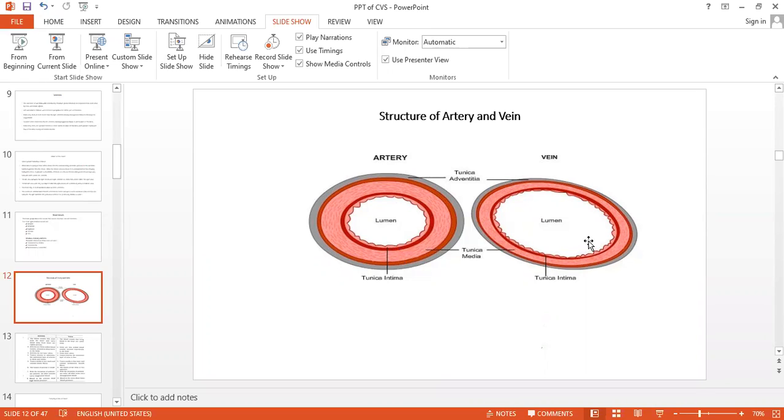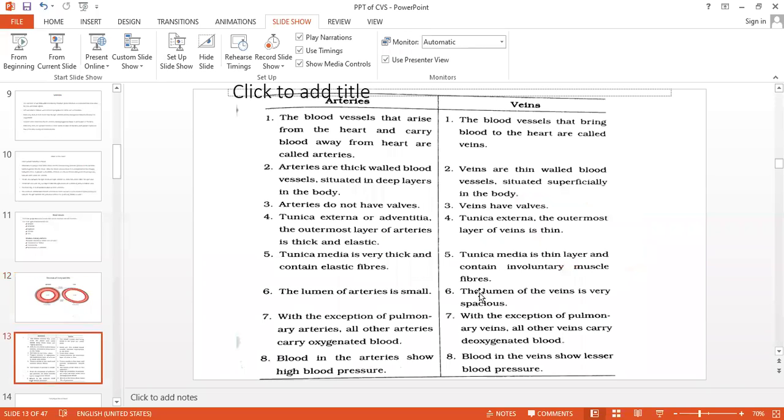Valves are present in the vein and valves are absent in the artery. And again, we will see the difference. Thickness is more in the artery and less in the vein. Now see here in detail the difference between the artery and vein.